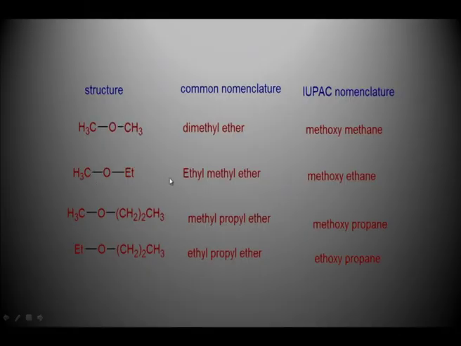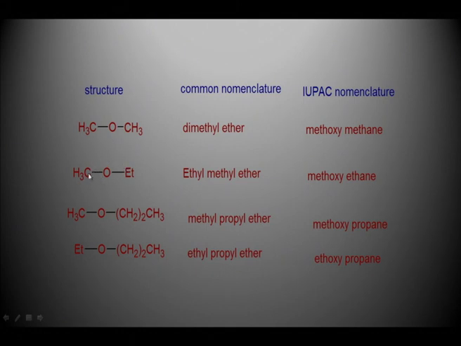Here three different ethers are given. The first is where two methyl groups are attached to the oxygen. In the common nomenclature the name is dimethyl ether, and in the IUPAC nomenclature it is methoxymethane. In the second example, two different groups are attached to the oxygen, so it is an unsymmetrical ether.